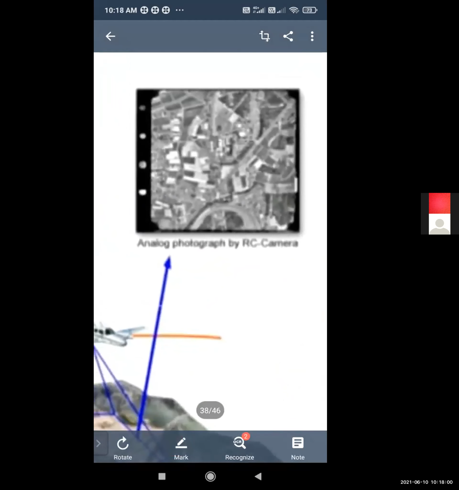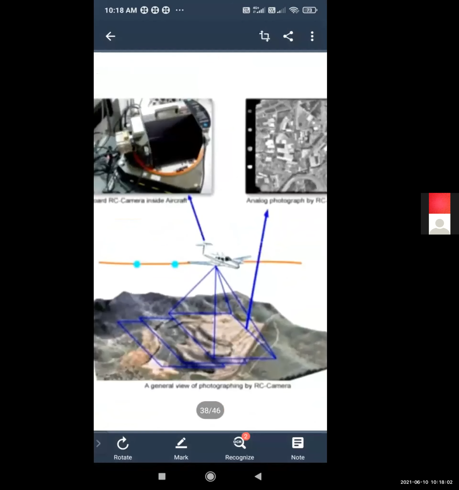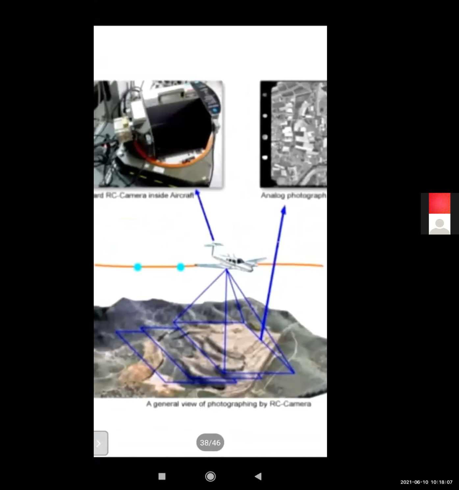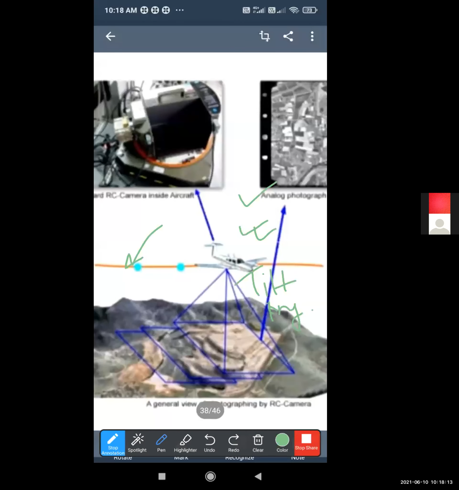This is the general view of a photograph by RC camera. So this point is known as what? This point is known as exposure point, exposure point or air station.